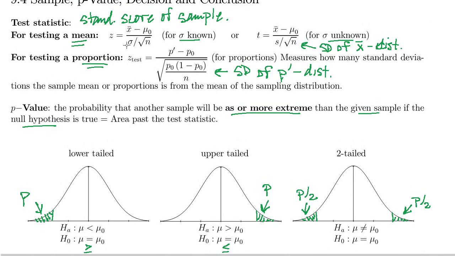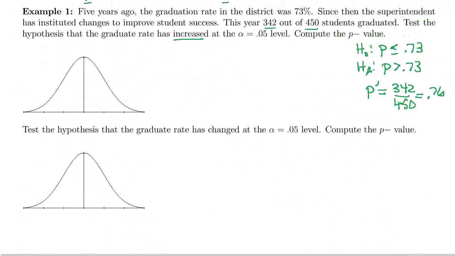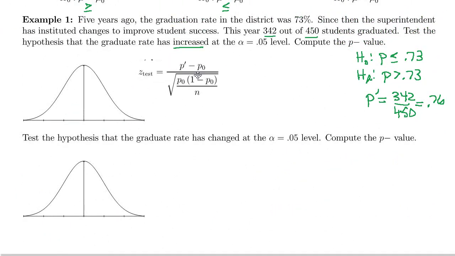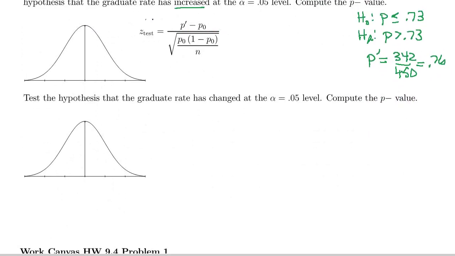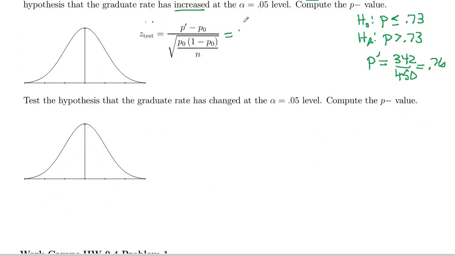So let's grab that and bring it down. Our p prime on top there is 0.76 minus p0, our hypothesized proportion, the 0.73, and in the denominator we've got 0.73 times 1 minus 0.73, and then our n is 450, the total sample size.